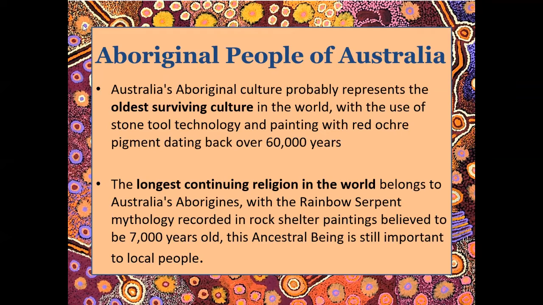It's also the longest continuing religion in the world, with the rainbow serpent mythology recorded in rock shelter paintings, believed to be 7,000 years old. Actually, I think that's supposed to be 70,000. Sorry. So we'll talk a little bit more about this.